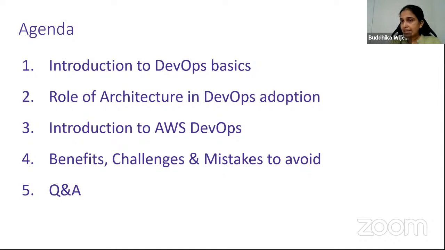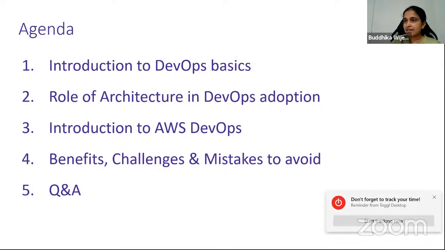Anyway, I will not take this fourth section as a separate section today, but what I'm trying to do is discuss the benefits, challenges, and mistakes to avoid when we are doing DevOps adoption throughout the first three sections. And at the end, as Pratishna said, we will have a Q&A session as well.